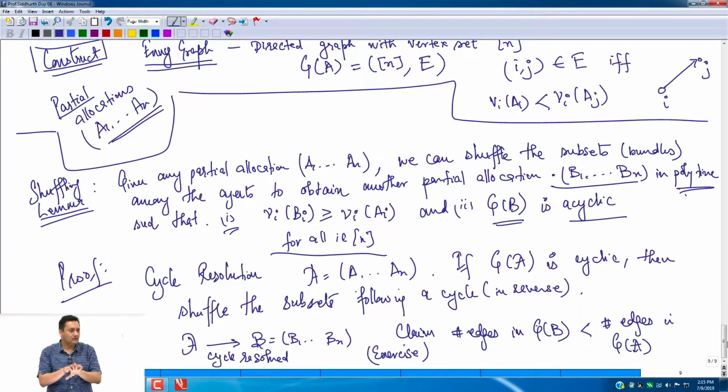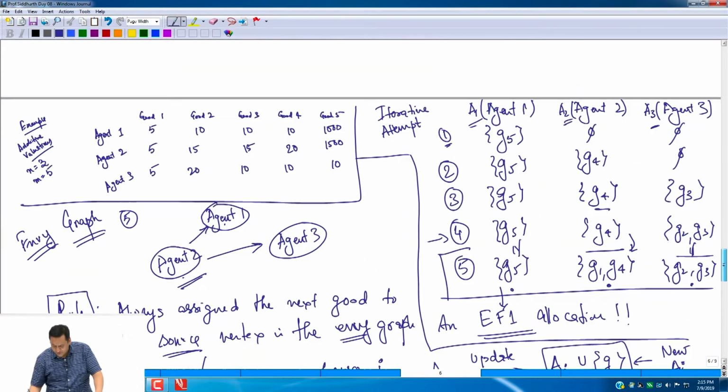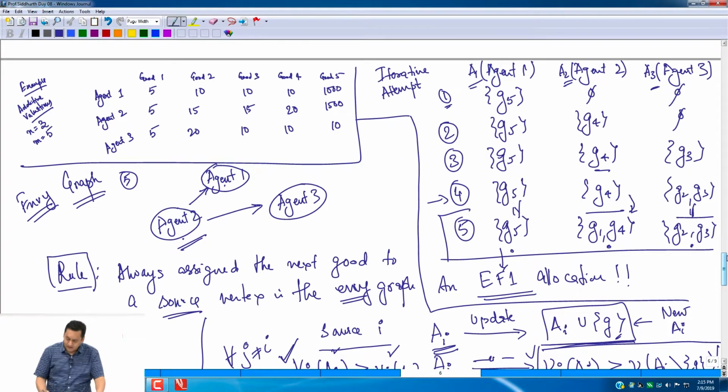How do I merge these two ideas together? Yes, again, to repeat myself: when I say the allocation is partial, I mean not all goods have been assigned. It would become a bit of a hairy example, but say I was in a stage where G1 is still not assigned, and so this is my partial allocation.